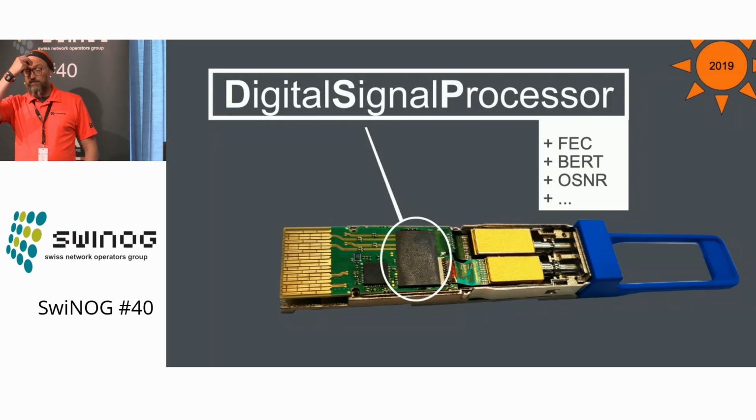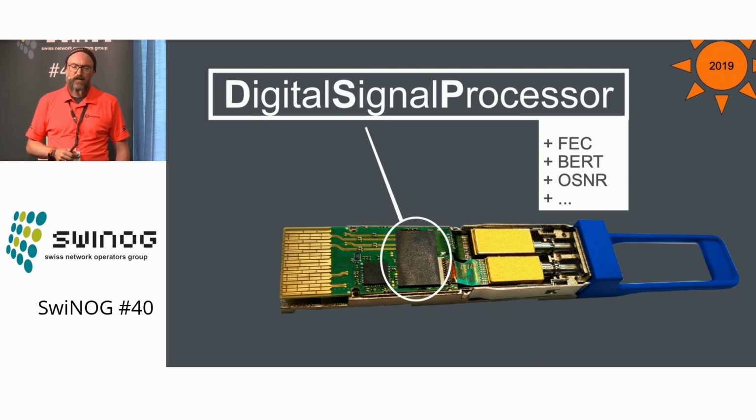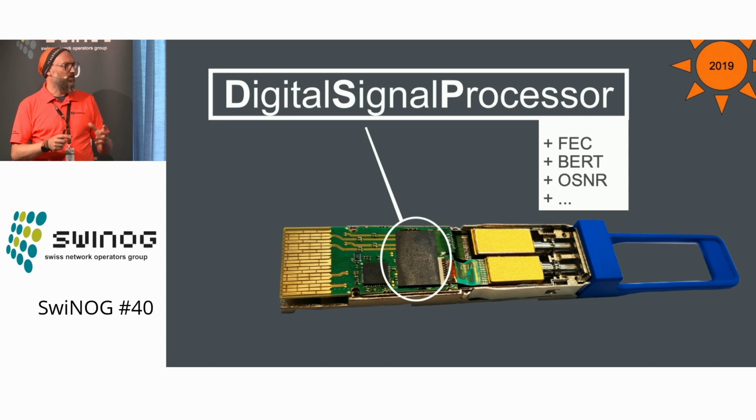Now, going even further back in time, and even Liam mentioned this in his talk about submarine cables, about the tiny pluggables. When 400 gig was introduced back in 2019 in a pluggable form factor, not in the big transponder cards, a new thing came into the pluggables, the digital signal processor.